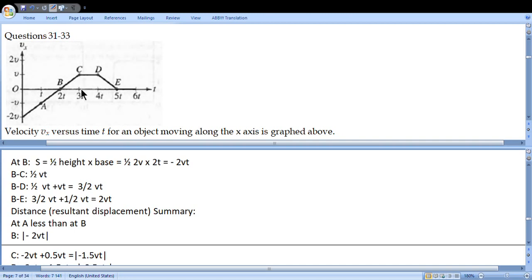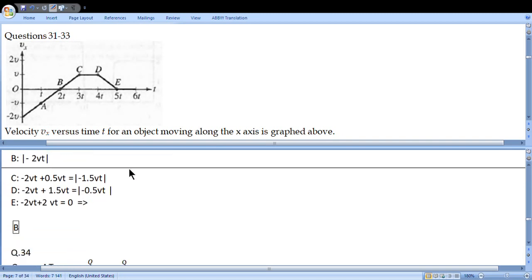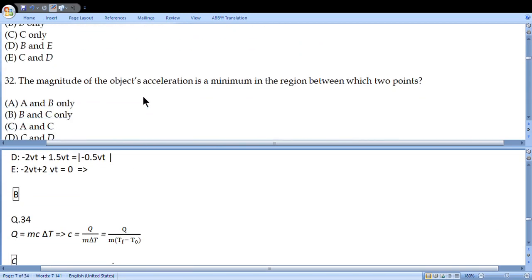So it is 1.5 Vt. And from B to E, so additional, return back. So moving away, maximum 2 Vt, and then returning, and finally returning back. So greatest distance will be B. Now question 34.